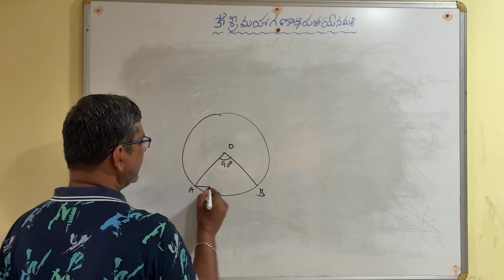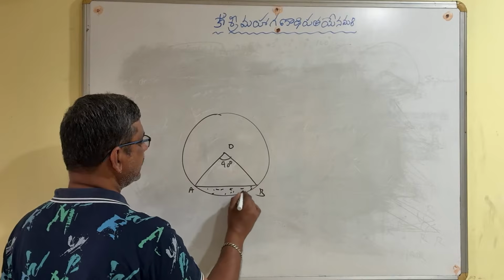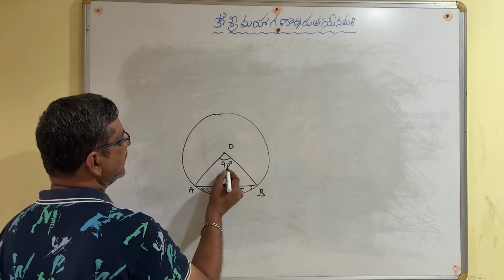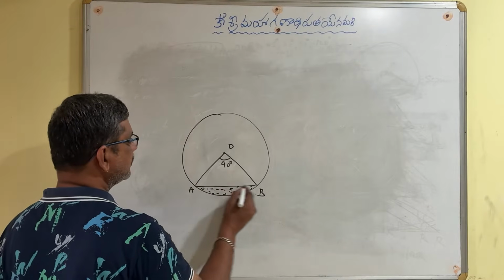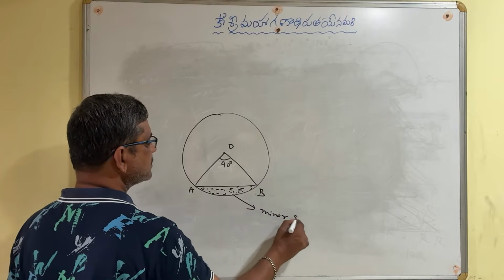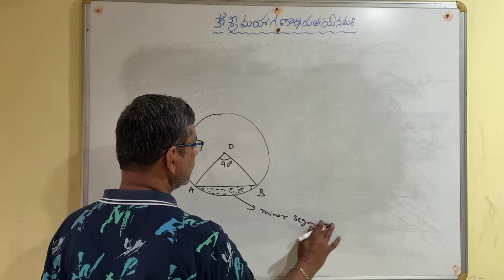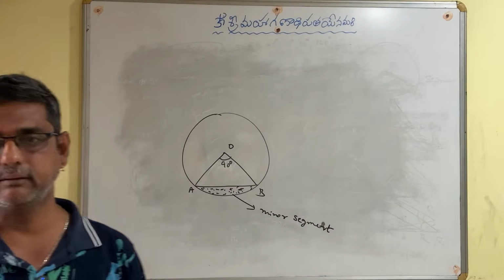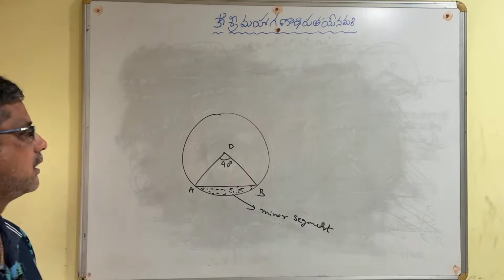If I join the endpoints of the radii, I will find a segment over here. Since the sector angle is below 180, the segment formed between the chord and its corresponding arc, we call a minor segment.